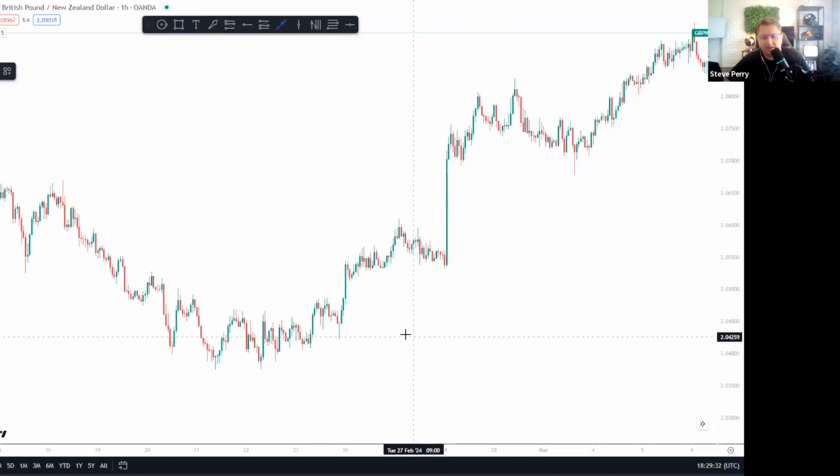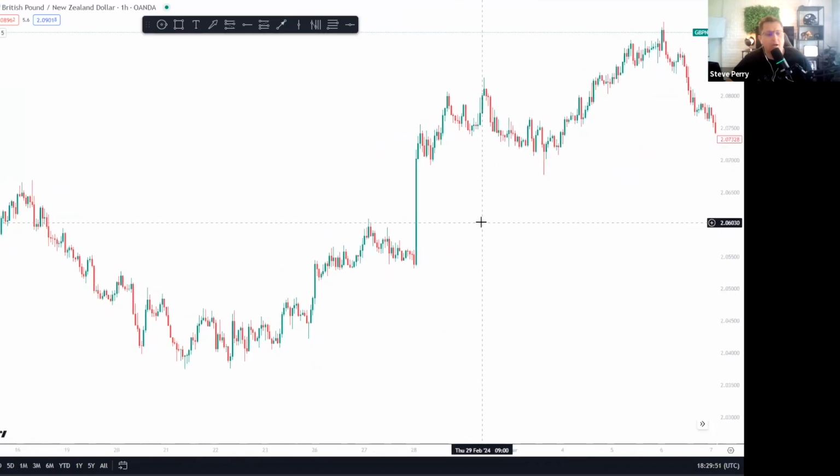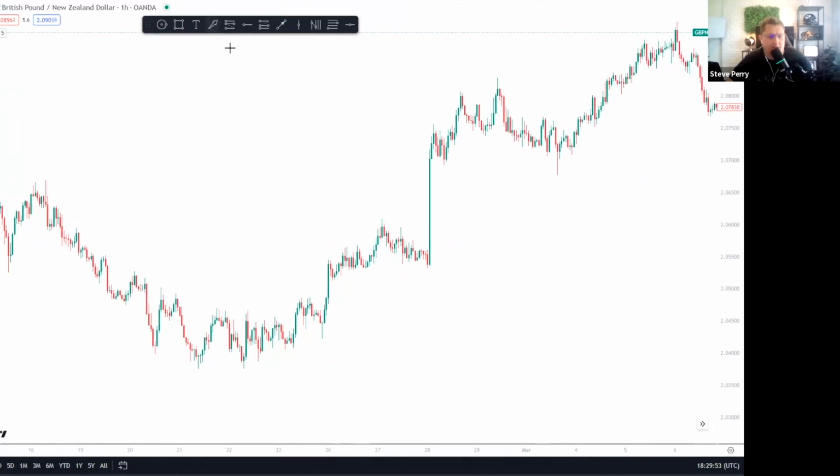No, there's probably plenty of sellers who had sells in this contractionary phase, this consolidation over here. But whoever came in with all the money, Mr. Moneybags, came in here and created that big candle, right? When this happens, it's very hard for the market to return back to the original liquidity zone.